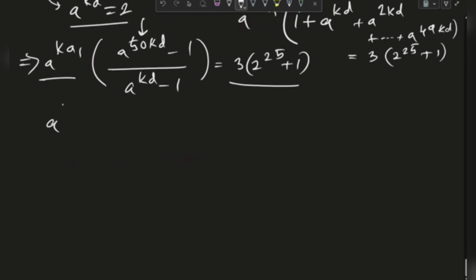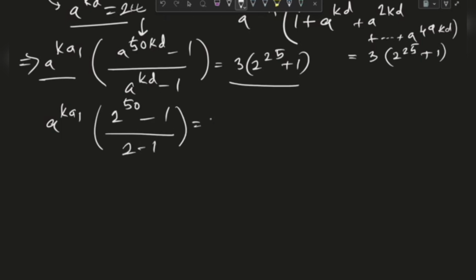So now we can write a power k1, and above we have found that a power kd is 2. So basically we can write this as 2 power 50 minus 1 by 2 minus 1 is equal to 3 into 2 power 25 plus 1. Now if we factor this particular expression, this will be 2 power 50 minus 1 equals 2 power 25 plus 1 into 2 power 25 minus 1.